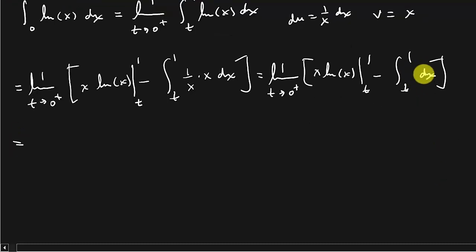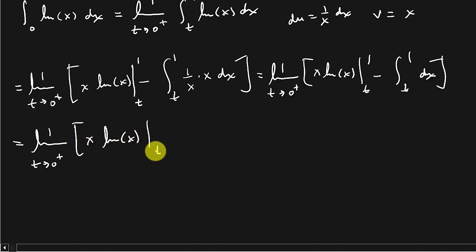And so let's integrate this thing right here. So that's the limit as t goes to 0 from the right of x natural log x from t to 1, minus x from t to 1.